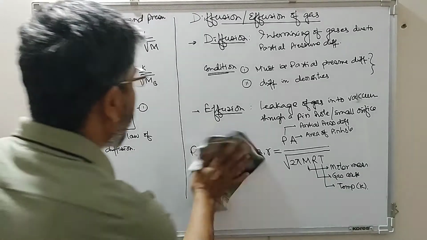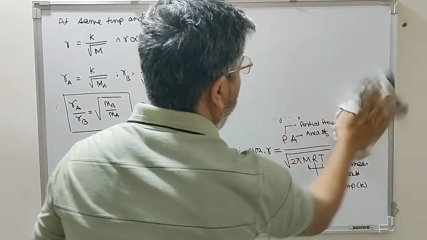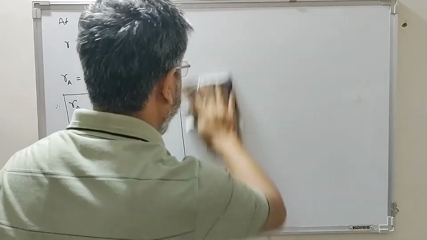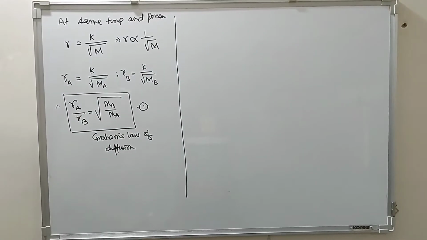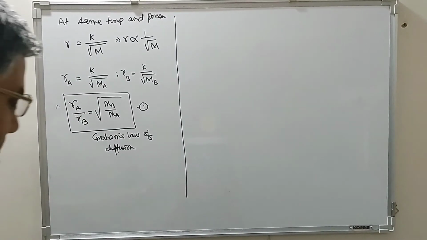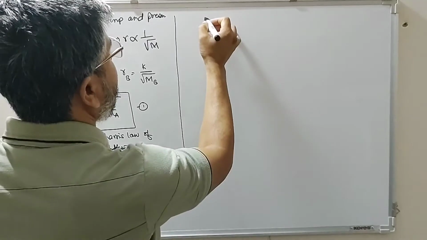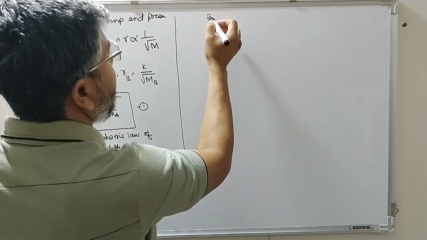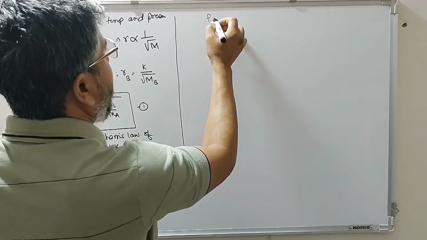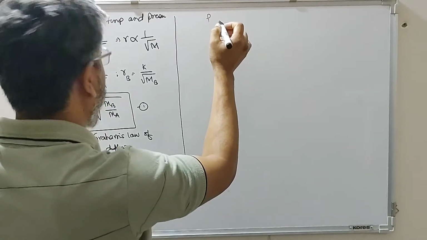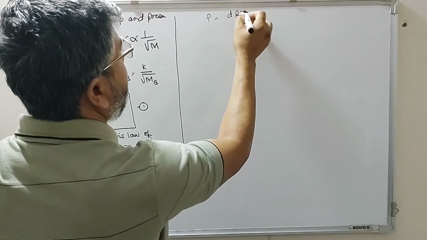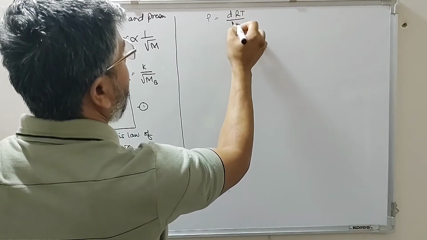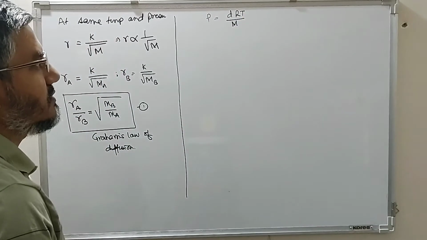Now this equation can be modified for ideal gases. We have defined the ideal gas. Look at this. For an ideal gas we define P is equal to density times RT by molecular mass.